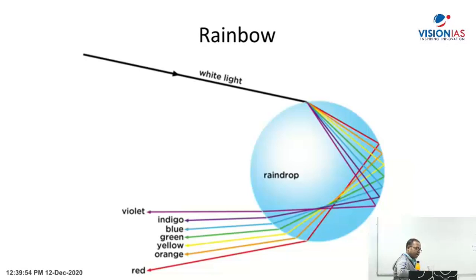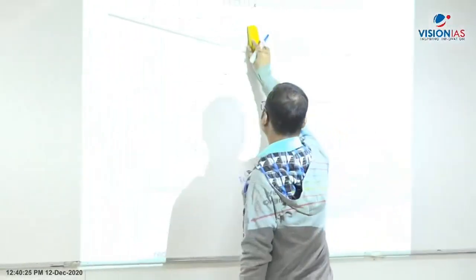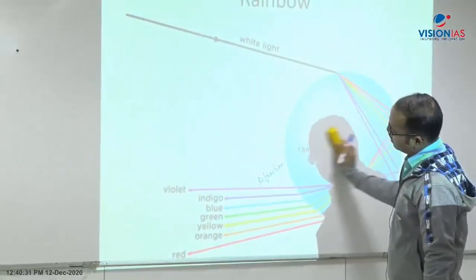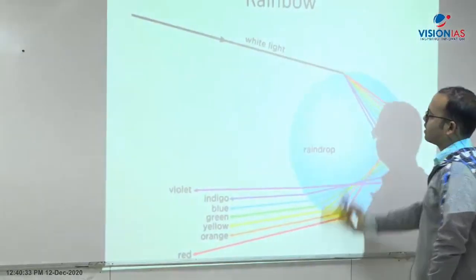This may happen if more than two total internal reflections are involved.